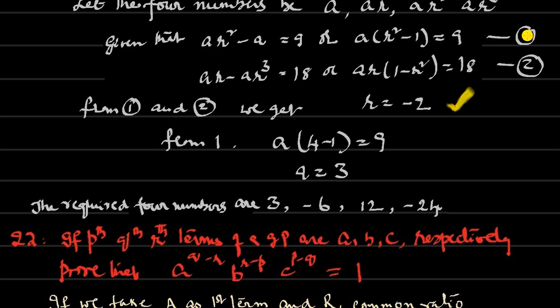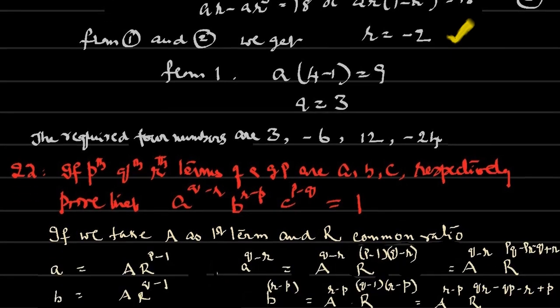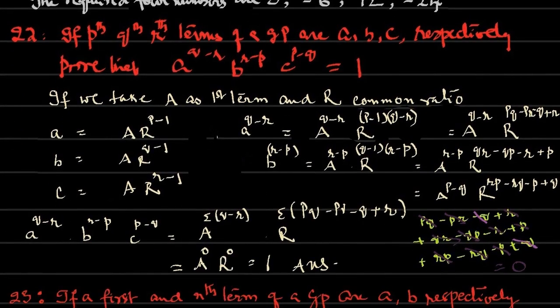So I have put it in the first. a times 4 minus 1 is 9, a is 3. So we know now a and r, we can write the sequence as follows: 3, minus 6, 3 times minus 2, minus 6 times minus 2 is plus 12, times minus 2 is minus 24. That is the GP.